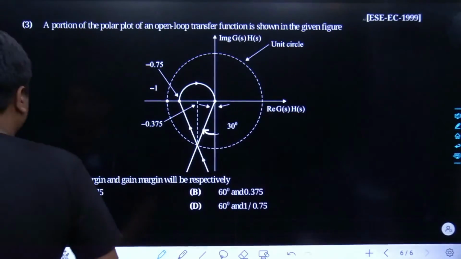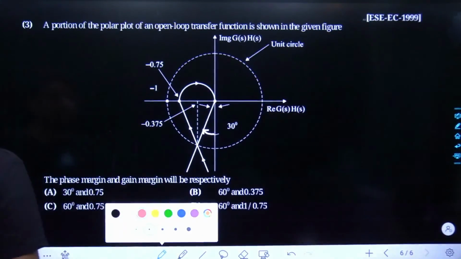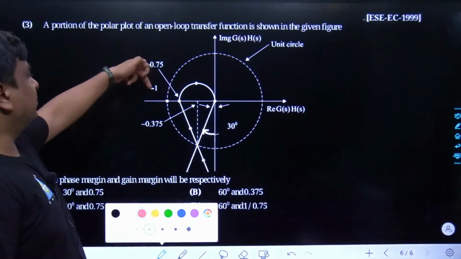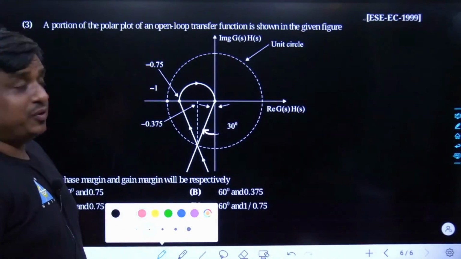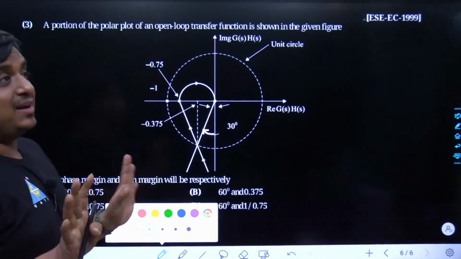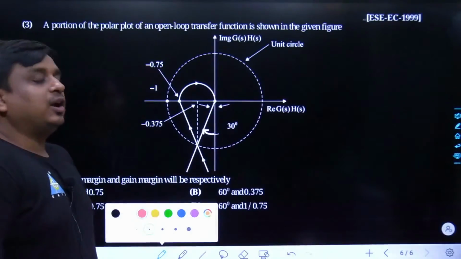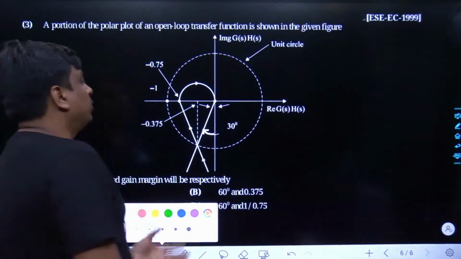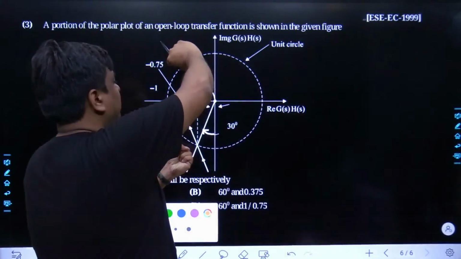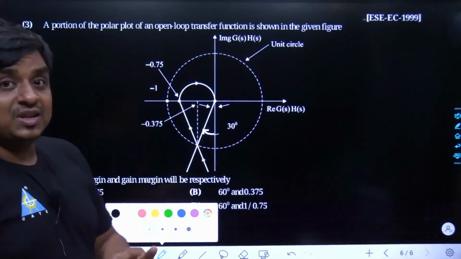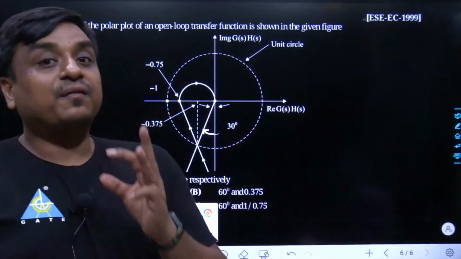See, first of all, let me focus on the stability of this system. Tell me whether it is a stable system or an unstable system. Obviously, -1 plus j0 has not been encircled so far. So at least we are relaxed in that sense. The system is a stable system. Now the next thing. When we start giving a lag to the system, after a certain amount of lag, -1 plus j0 is going to get encircled. That means phase margin is going to be a finite value.